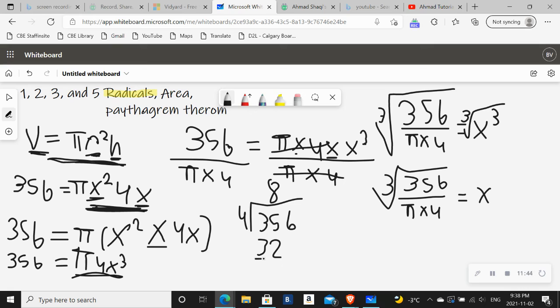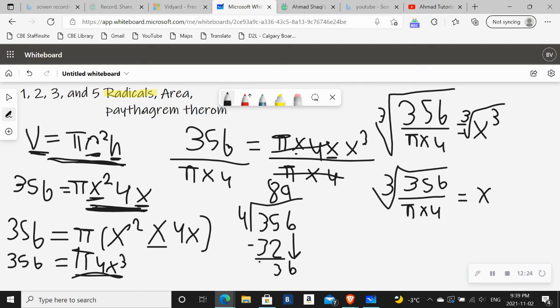I did go over it with a calculator later, just to make sure all the math is correct, and it is. So 32 minus 35 leaves us with 3 left over. We bring down the 6, and that gives us 36. And 4 times 9 is 36, and we get 89.